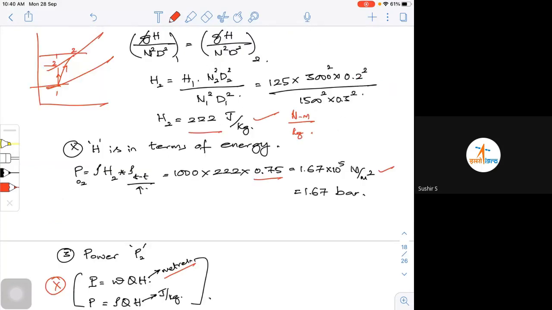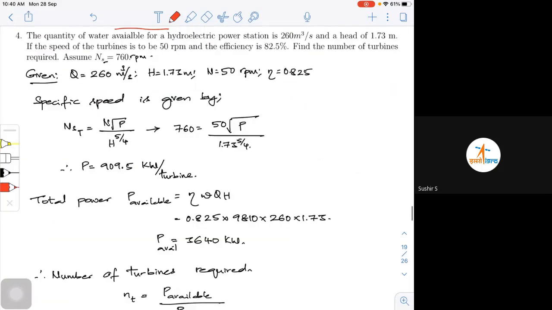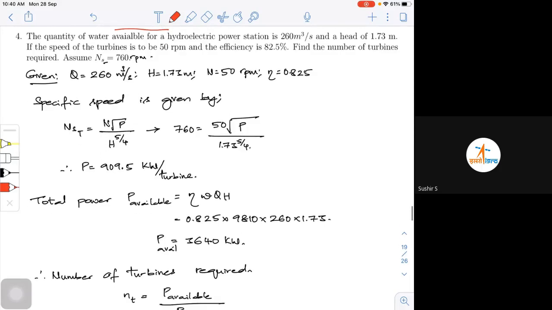Okay. So one last problem we'll look into before we wind up today's class. The quantity of water available for a hydroelectric power station is 260 meter cube per second and a head of 1.73 meters.